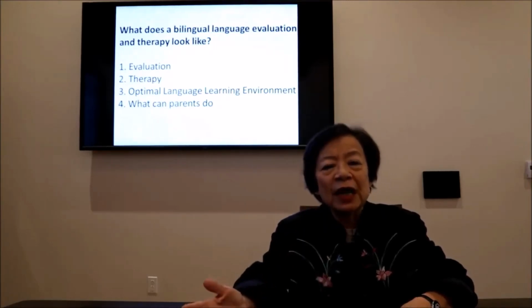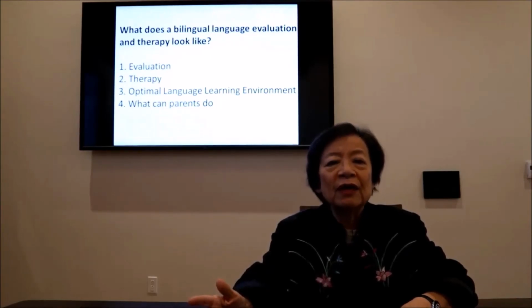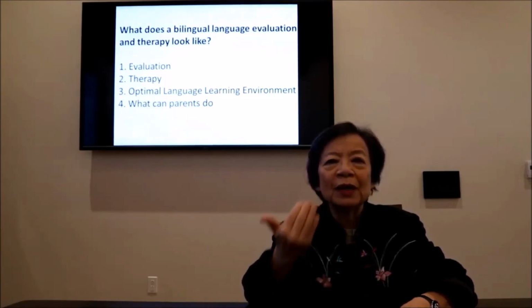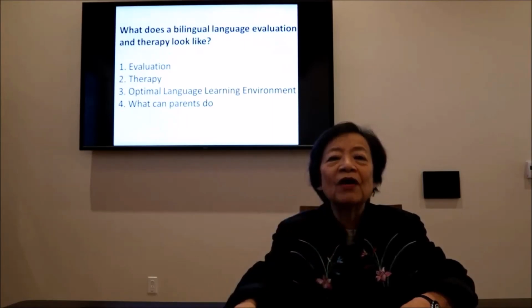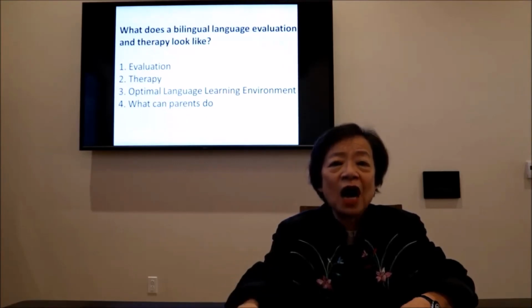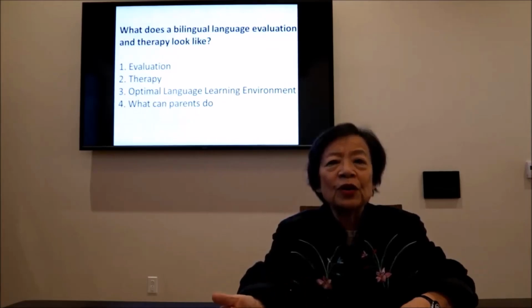So let's say we have difficulty with the sound F. We will need to show the placement of the upper teeth on the lower lip. And then if that's the case, then in Mandarin we have fa and fu.